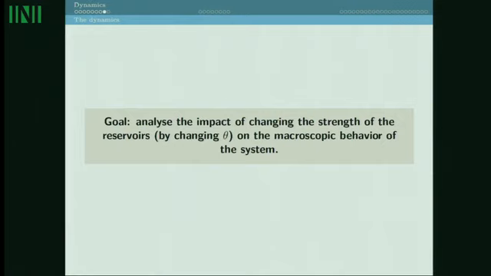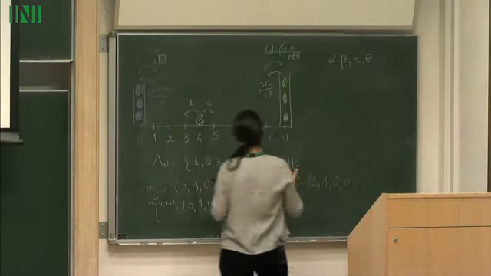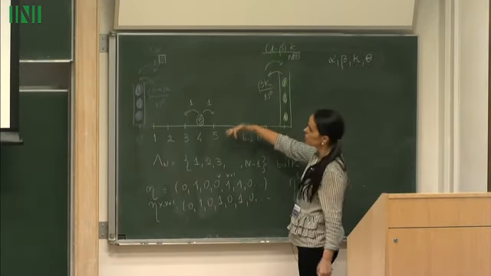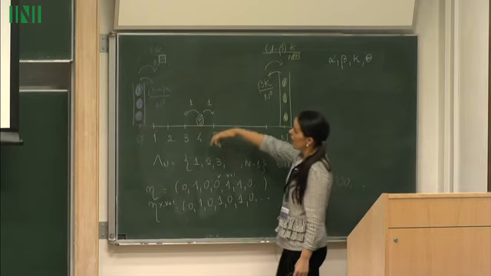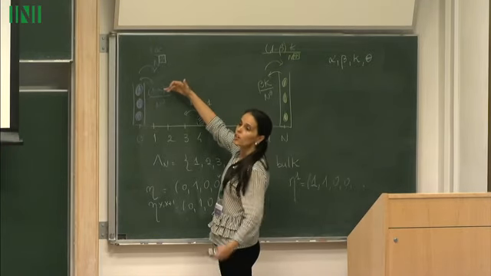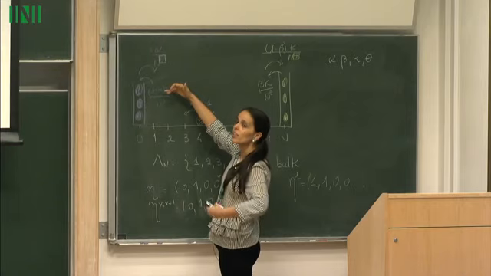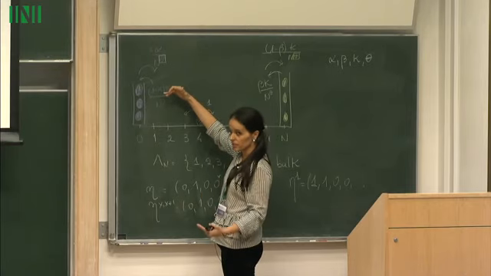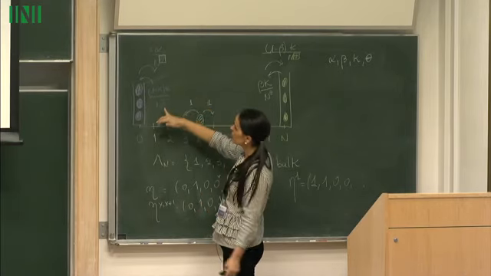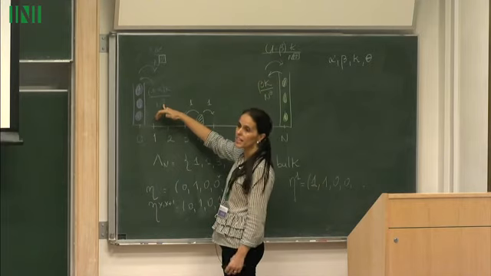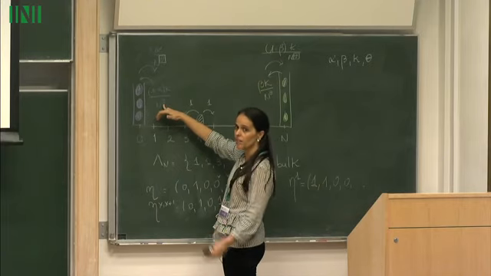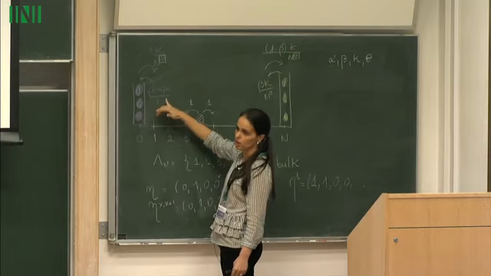At the macroscopic level, when I want to see what are the PDEs which tell me how the density of particles evolves, this parameter kappa will only appear in a certain regime of theta. So my goal in this talk is to explain to you what is the impact at the macroscopic level of changing the value of this parameter theta.